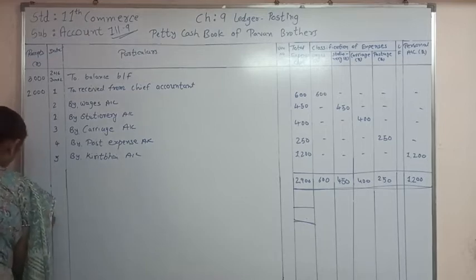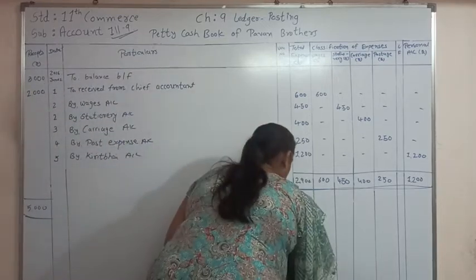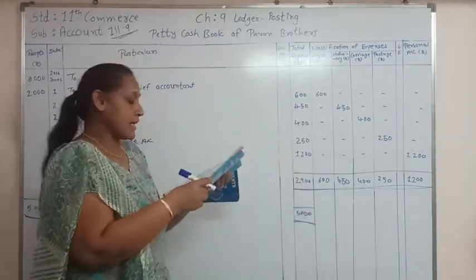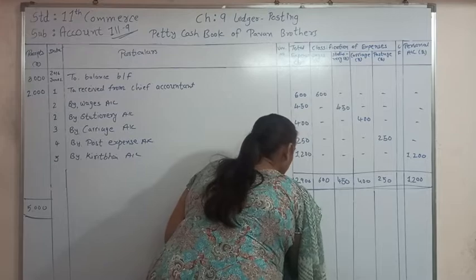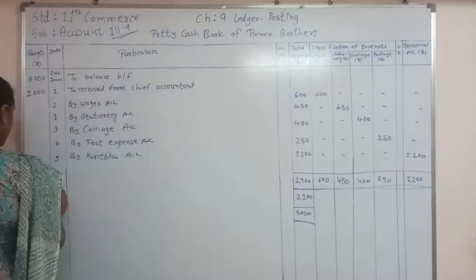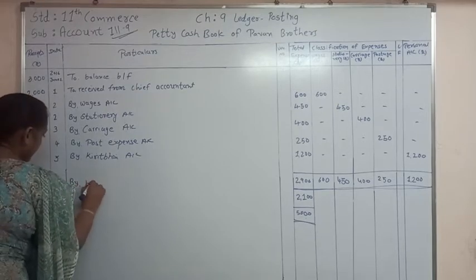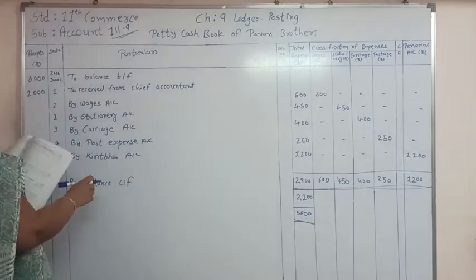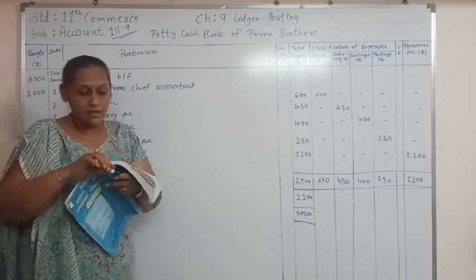That 5000 we will take to this side, and from 5000 if we deduct 2900, the balance will be 2100. So this is our cash balance. So that we will write on date 5th, by balance carried forward. So this is our balance, and this is how we are supposed to prepare the petty cash book.